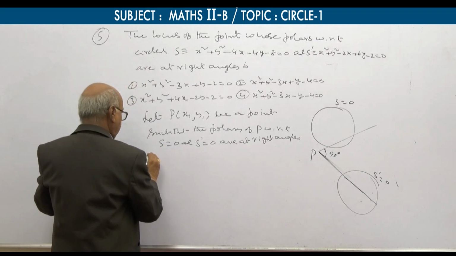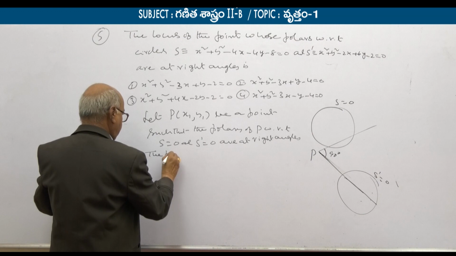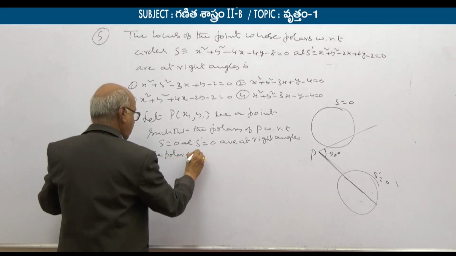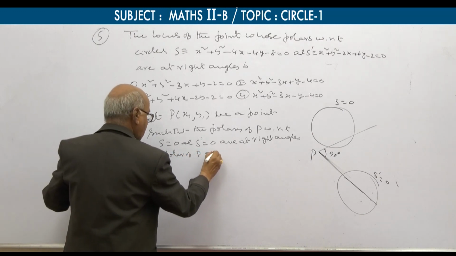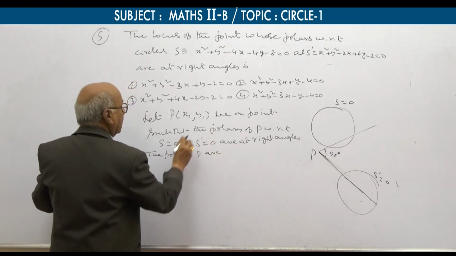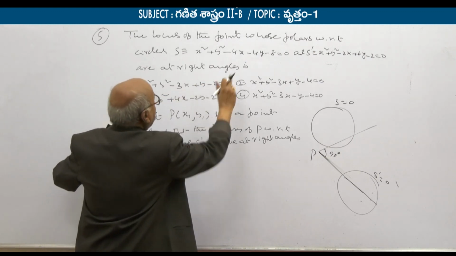So, now the polars of P are nothing but S1 and S dash 1.